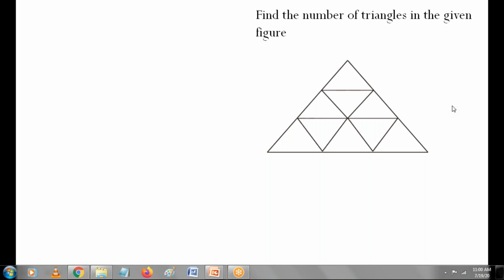Okay. So for this question, 13, 10. Only two answers I am seeing, 13 and 10. Okay, fine. Now let's go ahead with this question, friends.